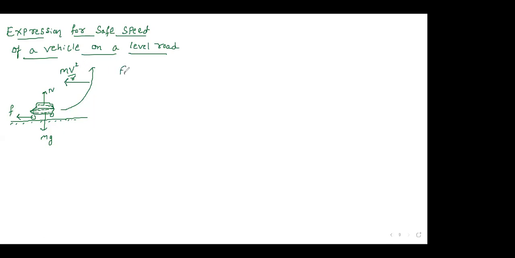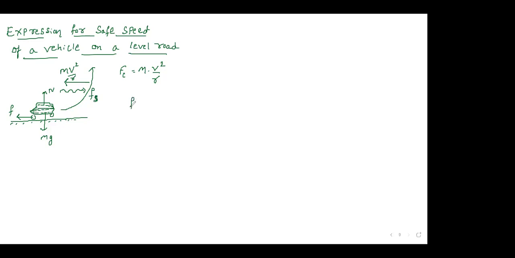So what is the centripetal force? M into A, so it becomes mv squared by R. This centripetal force should be balanced by some force. Otherwise, it will skid. So which force is balancing that? The frictional force, Fs.